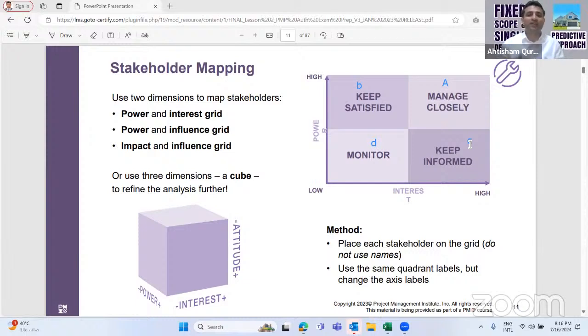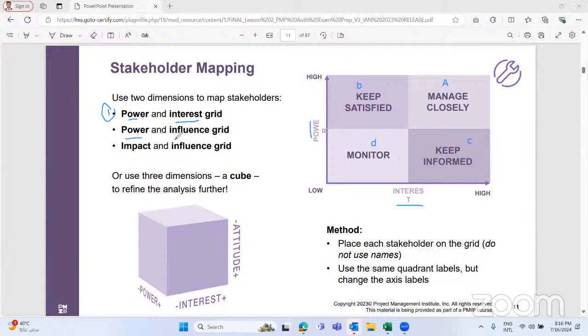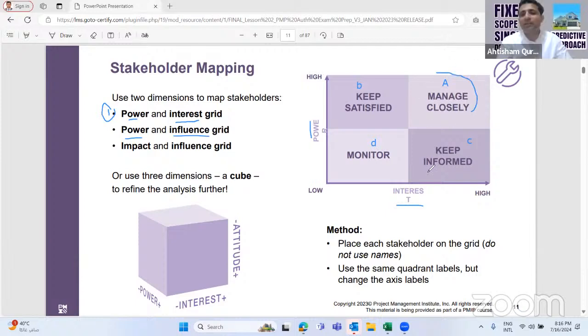So we need to actually manage the relationship between them so that they are satisfied with whatever we are doing. Now, this matrix can be created in many ways. One of the ways is the one which we have seen here. But you can construct this matrix with power and influence instead of power and interest. But the strategies remain the same.